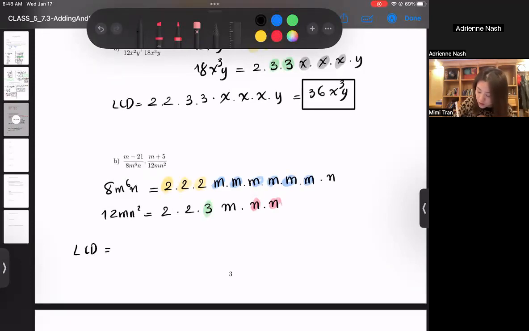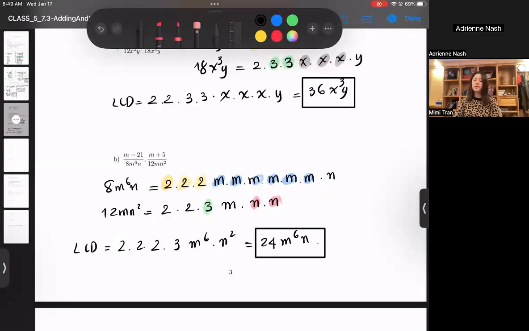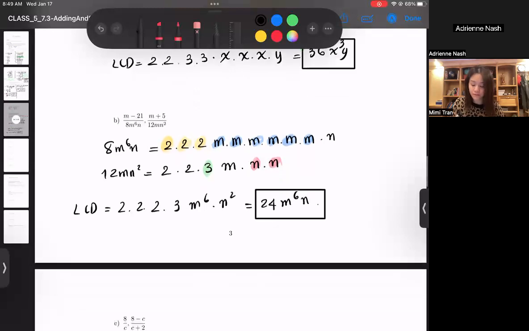LCD is 2 times 2 times 2 times 3 times m to the 6, because I don't feel like writing m six times, times n squared. So that will be 24 m to the 6 n squared. Or you can just do it in your head, right? 8 and 12, what is the smallest number that divides into 8 and 12 at the same time? That would be 24, right?